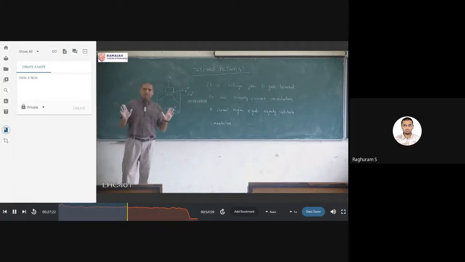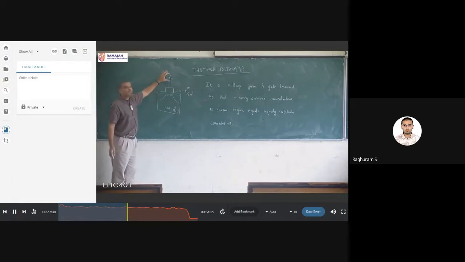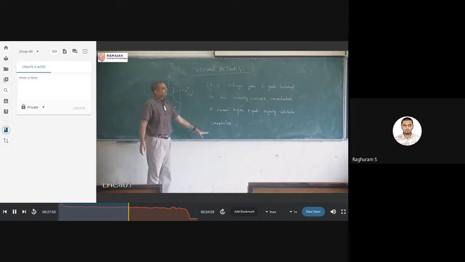If you don't do anything, the hole concentration is already 10 power 15 per centimeter cube. But according to this statement, if you apply this much amount of voltage, that is the threshold voltage value, you are going to get that much amount of electrons in the channel region. What is that much? It is the concentration of the majority carriers in the substrate, which is 10 power 15, and I'm getting 10 power 15 per centimeter cube of electrons. That is what this statement means.